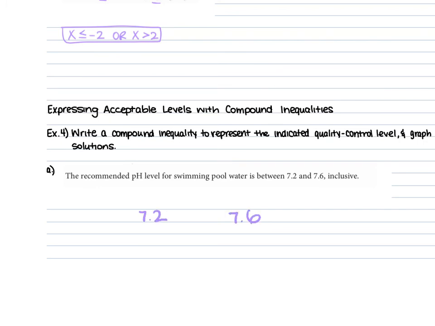It's between these two. So our inequality is going to be a compound inequality of and. The sign gets open to the x between the 7.2 and the x because the quantity is greater than or equal to the 7.2. Same thing with the 7.6: the quantity is less than or equal to the 7.6.